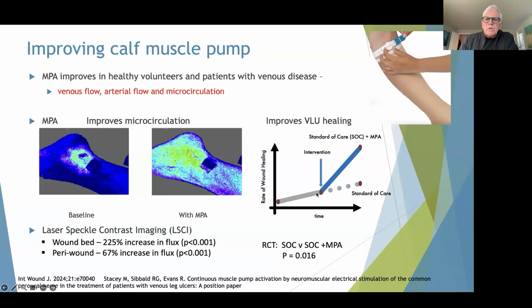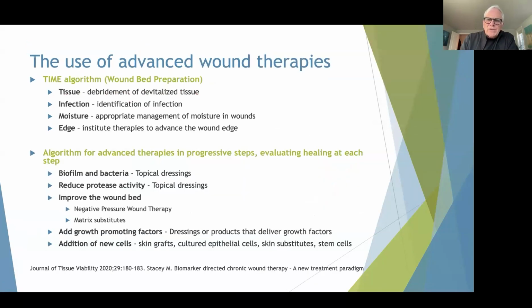So both groups were in compression. Then they were randomized. One group continued with standard of care compression. The other one had gecko added. And what happened then was that there was significant improvement in the rate of healing in the group that had the gecko added.